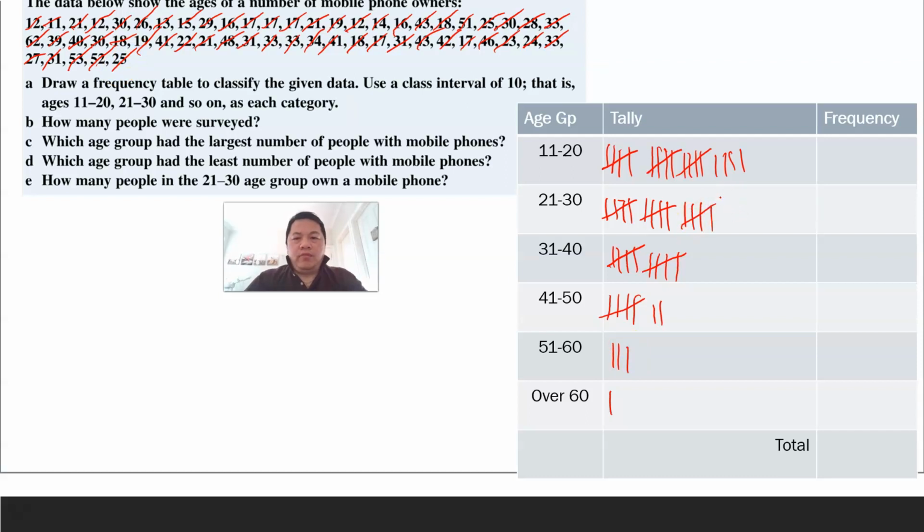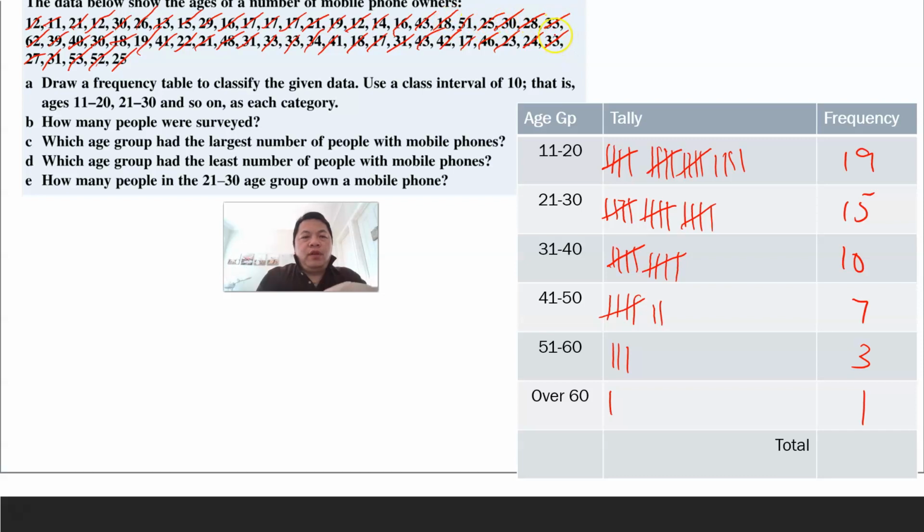Okay, good, we're done. So let's add up the frequency. Two crosses is 10, so it's 19 here. Two crosses is 15. Now here's 10. Now here's 7. Now here is 3. Now here's 1. So how many people took part in this survey? Let's count: 2, 4, 6, up to 24, 25.